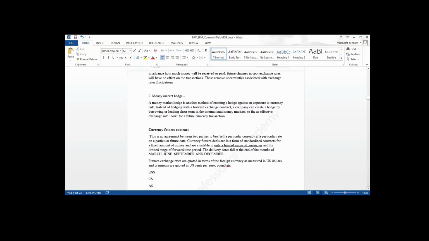Number 2 instrument that we can use, money market hedging, is another instrument that can be used to hedge against exposure to foreign currency risk.